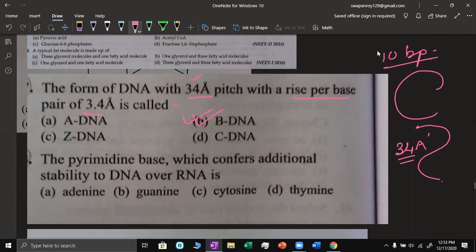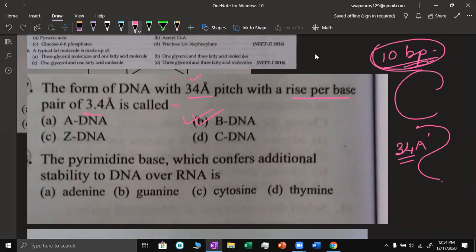BP here is not blood pressure, this is base pair. The size of a DNA molecule is always written in terms of the number of base pairs. What is the length of the DNA, or the size of the DNA?